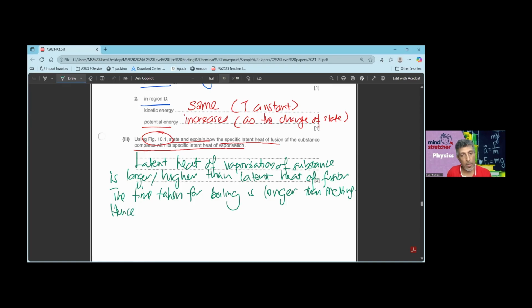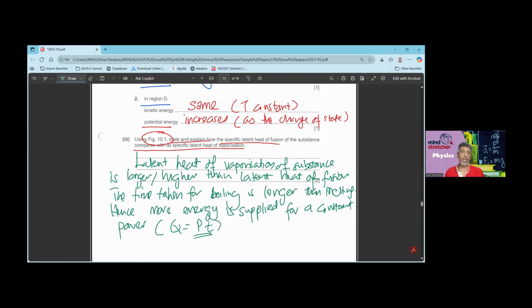Hence, more energy is supplied for a constant power. How do you know? Because energy is power times time.